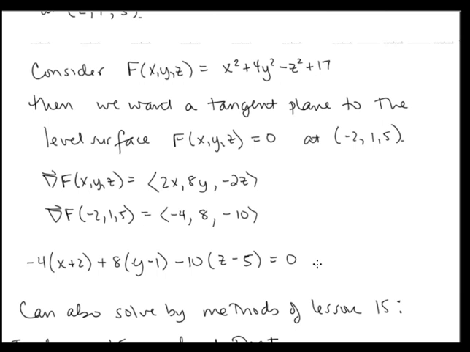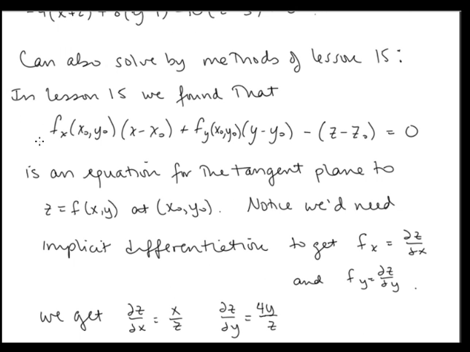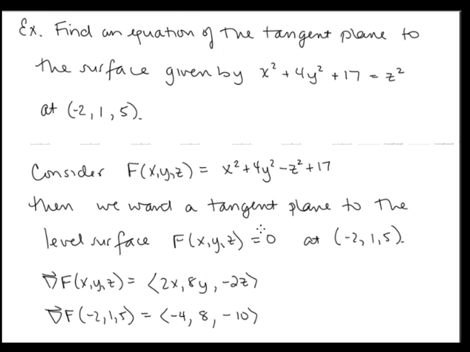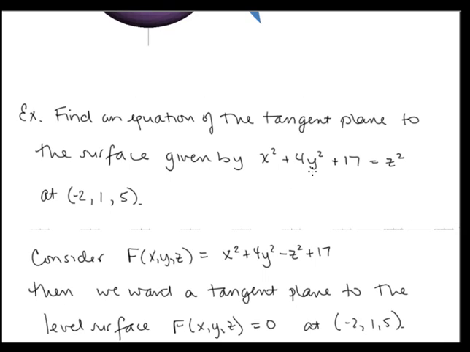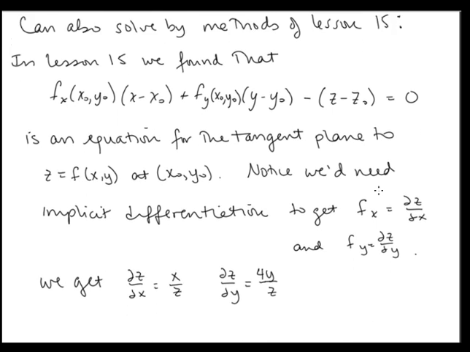Now we could also use the methods that we learned back in lesson 15. Back in lesson 15 we found that this equation would be an equation for the tangent plane to z equals f of x, y at the point x naught, y naught. But notice we're not given z written explicitly, we're given x squared plus 4y squared plus 17 is equal to z squared. So we would need to use implicit differentiation here to get these partial derivatives.